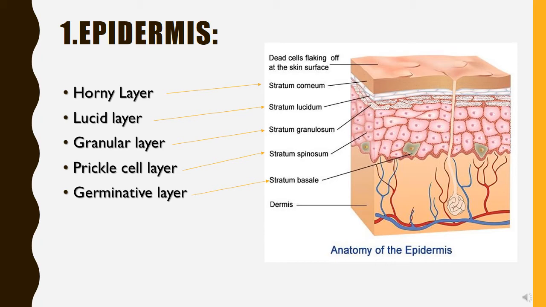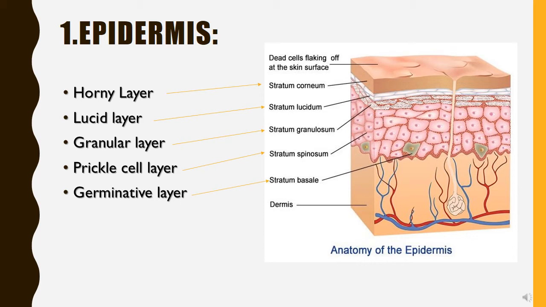It is present only in the hands and feet, where the skin is more thick. The next layer is the granular layer or stratum granulosum. It consists of keratinocytes that contain granules of keratohyalin.